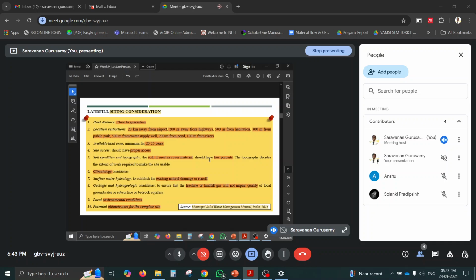And it should have low porosity and not require extensive work to make it suitable and usable. And then climatic conditions. It should not be always rainy. Then it will create leachates. Then surface water hydrology. As I mentioned, what is the groundwater level and surface water level, existing natural drainage and runoff.